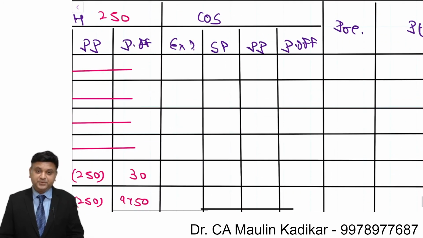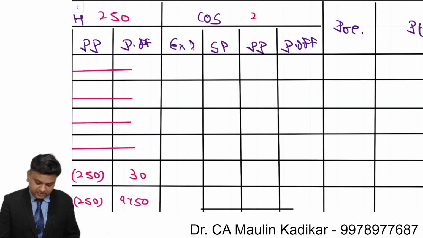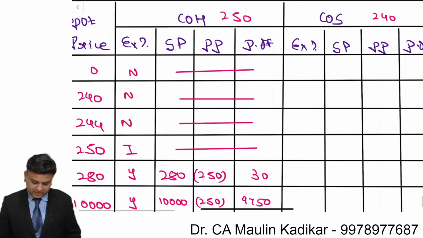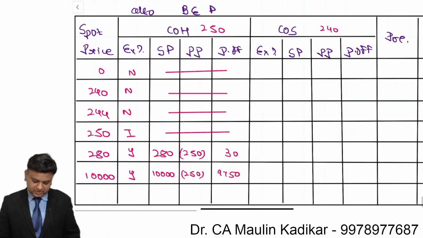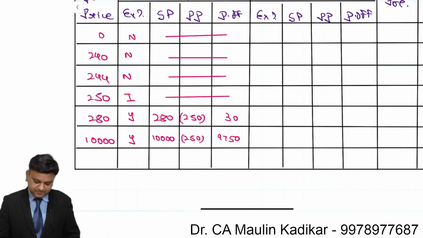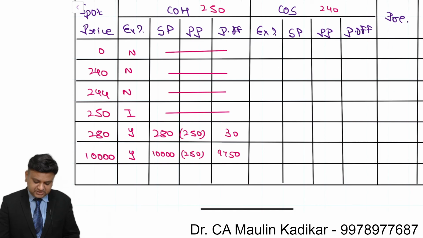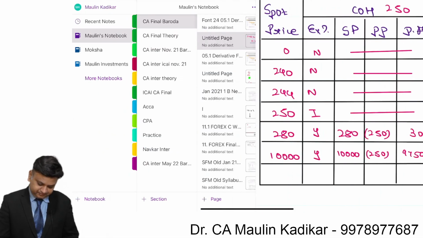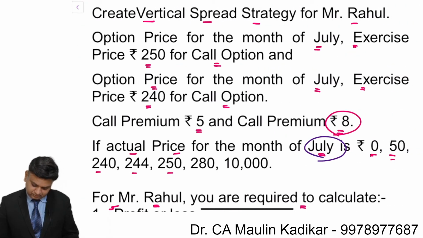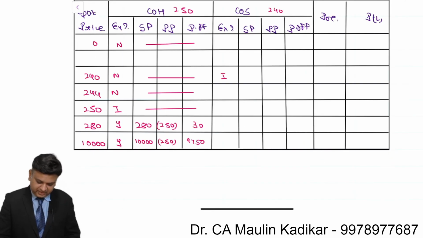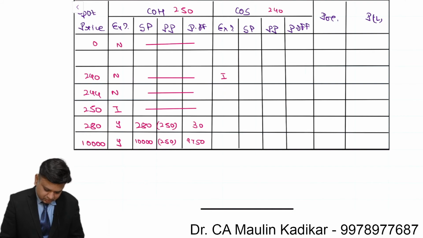You have sold call option with exercise price of 240. So the person to whom you have sold option, he is indifferent if at all the spot price is equal to the exercise price. When the price is 50 also, in that case it will not be exercised.